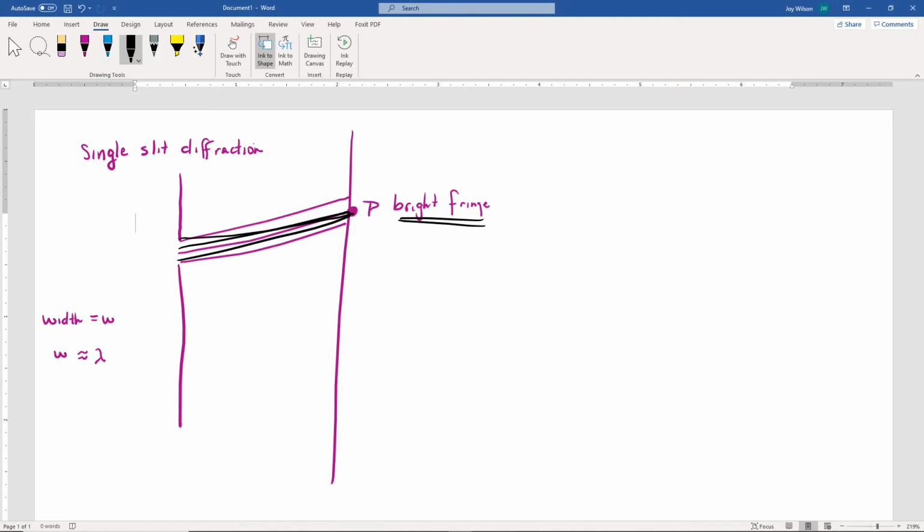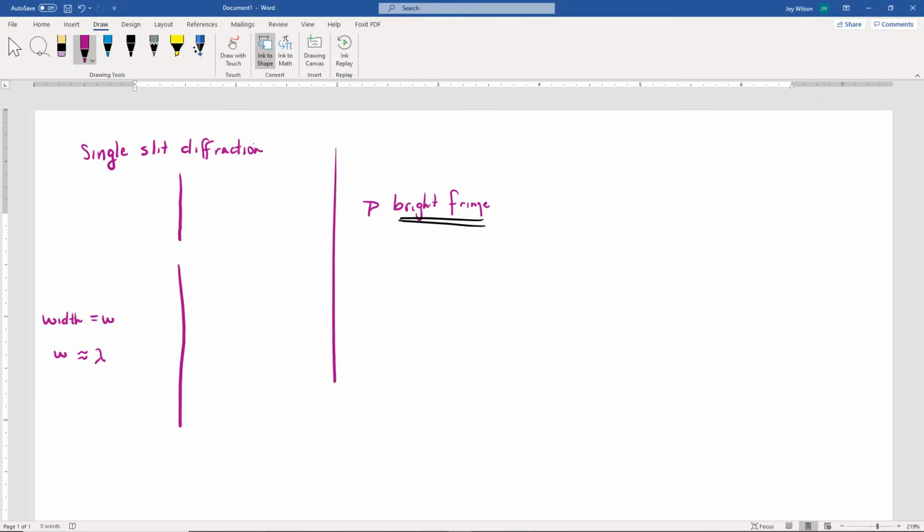Now, we're not going to worry about it being bright here and then dimming out on the sides and then you get a really black spot. We're just going to go with the big ideas of locating the center of each of our bright and dark fringes. So to do that, let me get the screen back up here.